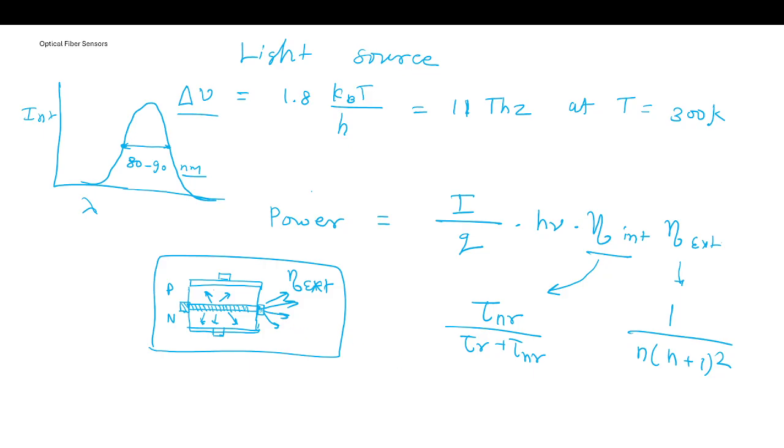Okay, and we know that the Fabry-Perot cavity effect will happen because of the back and forth light propagation, and that's why we are getting the laser diode phenomenon, the lasing phenomenon, and that's how the laser diode works.